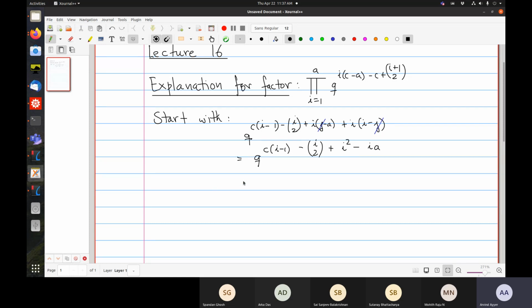So if you look at the common factor of i, this is i times c minus a, that's that factor. I have a minus c, and then I have a plus i squared minus i times i minus 1 by 2, and if you just stare at this for a moment, you get i times i plus 1 by 2 over here, which is exactly i plus 1 choose 2. So that's all it was.